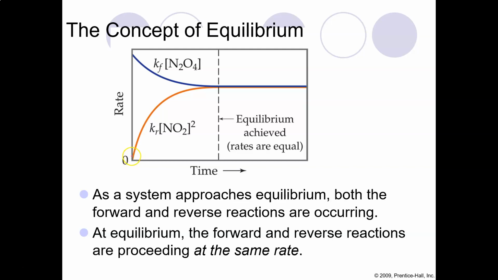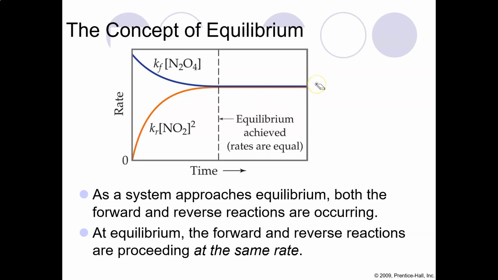There weren't any products. So at the beginning, it was really just the forward reaction happening, and then the forward reaction started slowing down because the reverse reaction started occurring and speeding up until they met in the middle. Once they hit the same rate, they hit equilibrium, and then notice that they don't change. Once it hits equilibrium, it's going to stay at equilibrium until something messes with it.